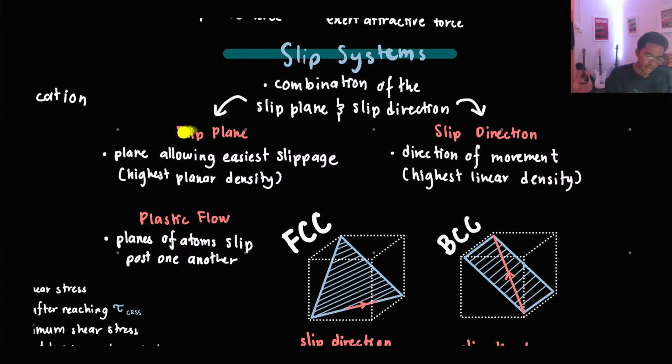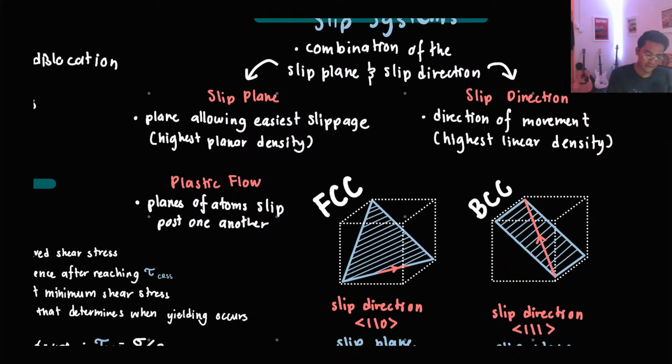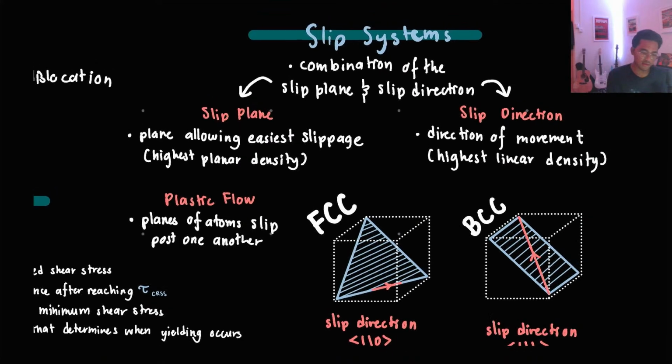So it actually slips in a certain direction, which is based on the microstructure. So there are two parts of the slip system: slip direction and also slip plane. The slip direction is the direction of the movement of the deformation. Slip plane is the plane that allows the slippage.